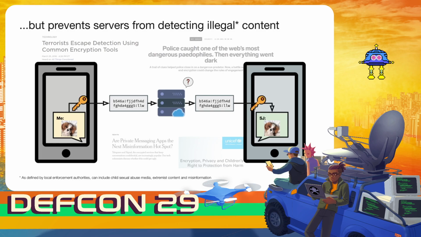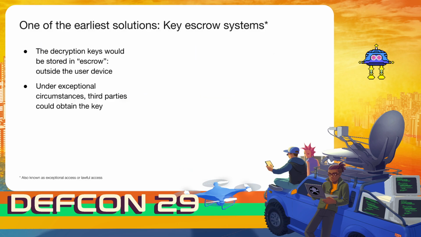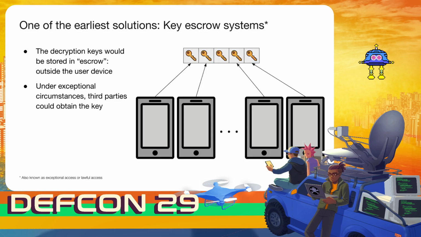And so, to solve this problem of how we detect illegal content and prevent people from sharing it, one of the earliest solutions that has been proposed is key escrow systems, where all the keys are stored in some escrow or storage, and in some exceptional circumstances, third parties, for example law enforcement agencies, can ask for access to these keys.